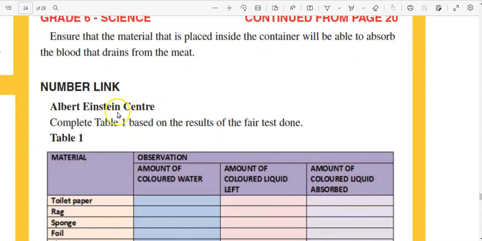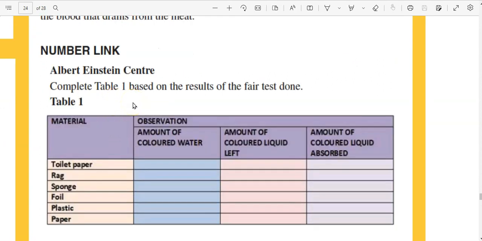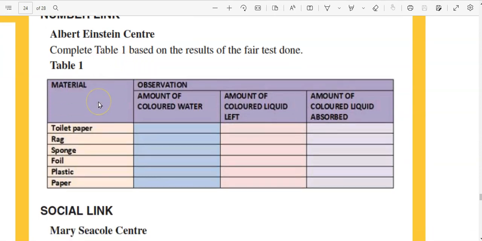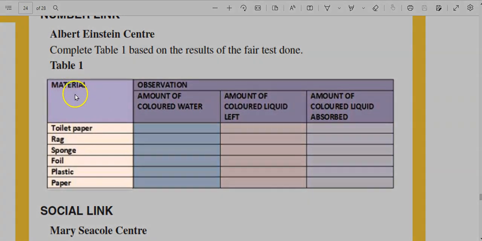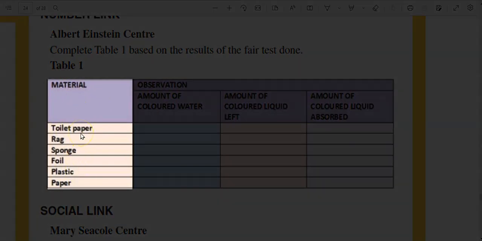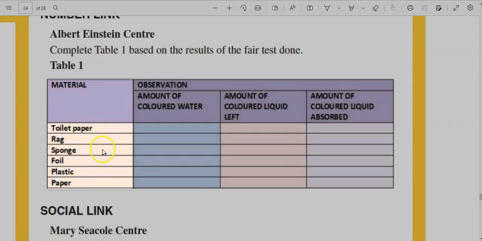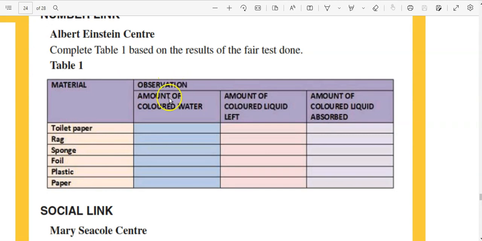Let's go to the number link, Albert Einstein Center. Complete table 1 based on the results of the fair test done. So here we have table 1, we have the material listed here. So we have the toilet paper, the rag, the sponge, foil, plastic, and paper. And we have our observation in terms of the amount of colored liquid, the amount of colored liquid left, and the amount of colored liquid absorbed.